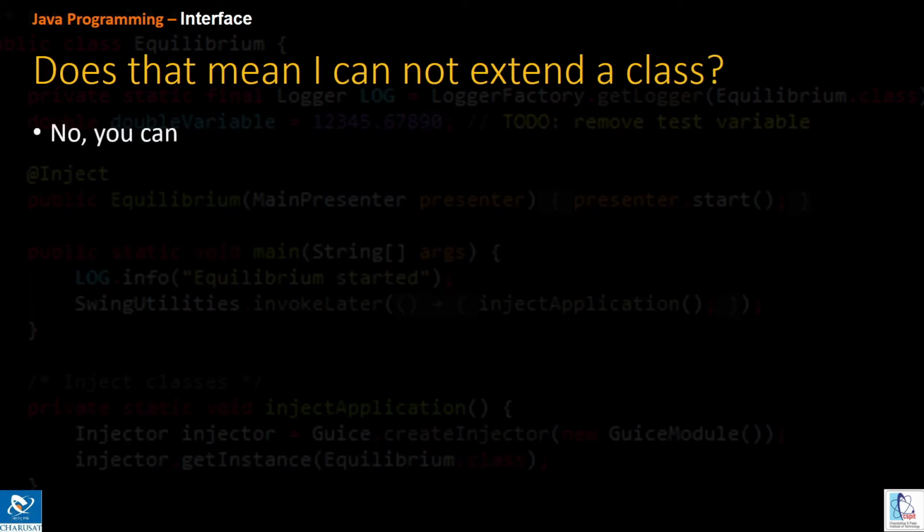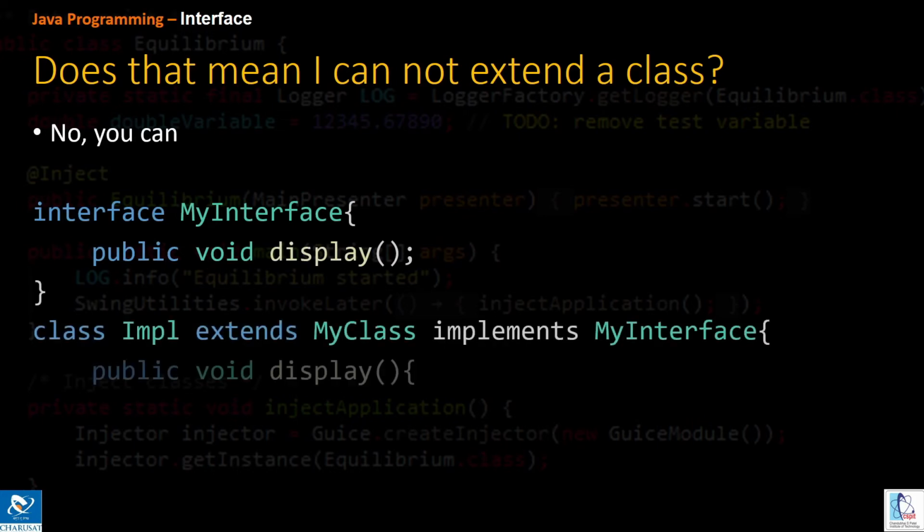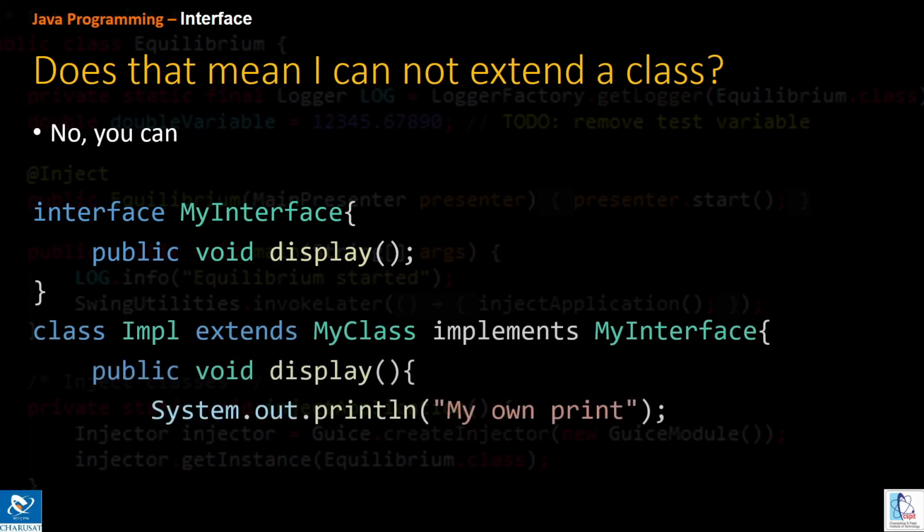Does that mean I cannot extend a class? No, I can extend a class. So you can do it like this. Suppose you have a class called IMPL and you need to extend another class called my class.